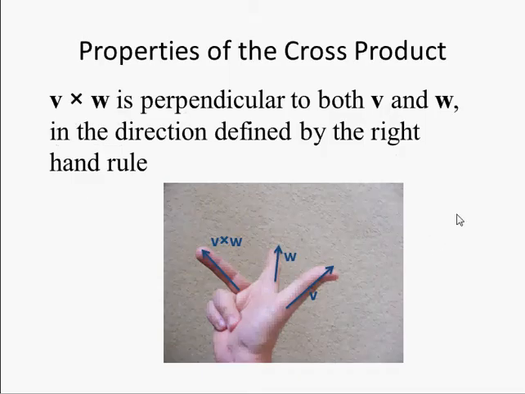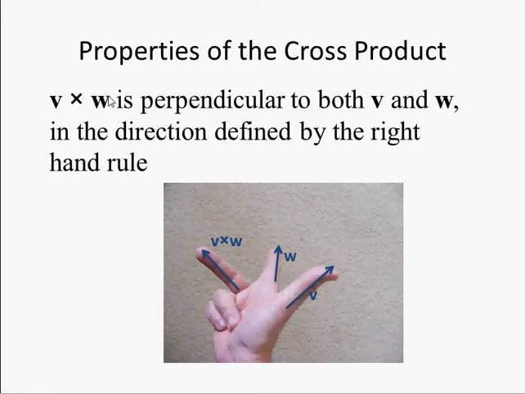That's a picture of my hand. V cross W is perpendicular to both V and W. The easiest way I find to look at it is a right-hand rule like this. Some people do a right-hand screw rule or a right-hand palm rule. I find if I put my fingers like that, the first vector, the vector on the left-hand side, so V in this case, is your thumb.